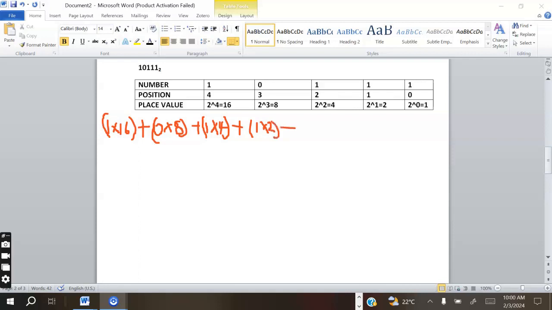And last part we have 1 multiplied by 1.